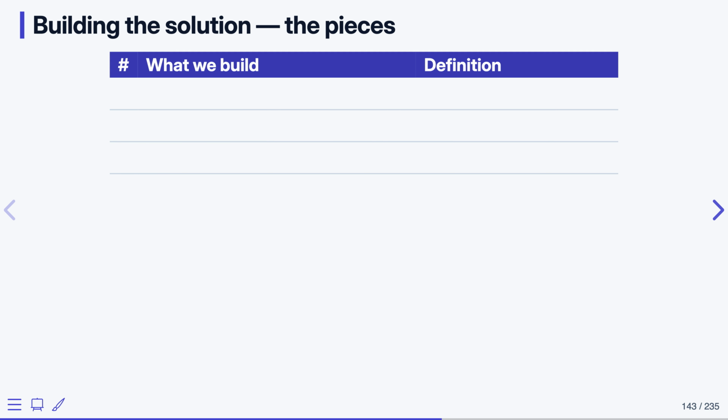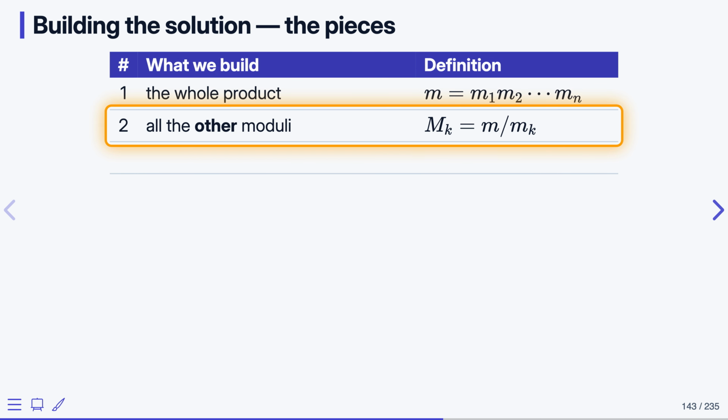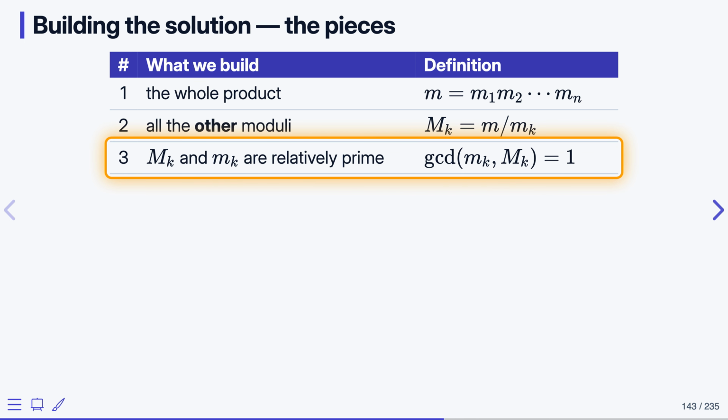This is how we build the answer. There are 4 pieces. 1. Multiply all the moduli together and call the result big M. 2. For each modulus m sub k, form big M sub k by dividing big M by m sub k, so big M sub k is the product of all the other moduli, leaving m sub k out. 3.